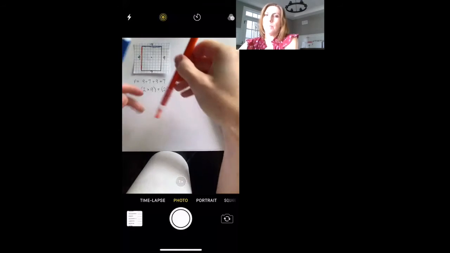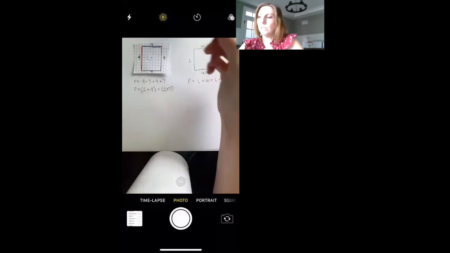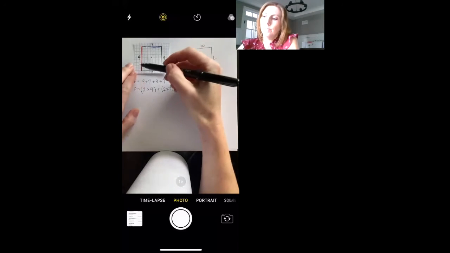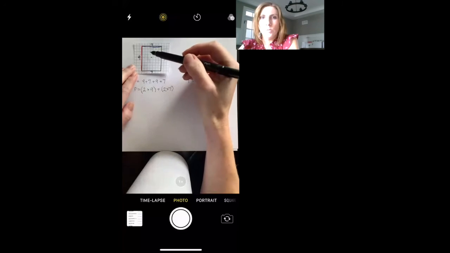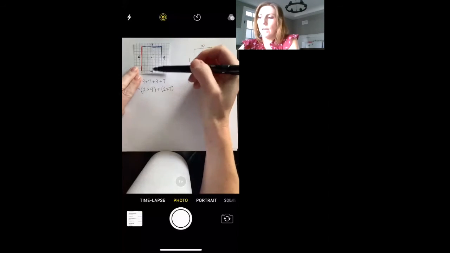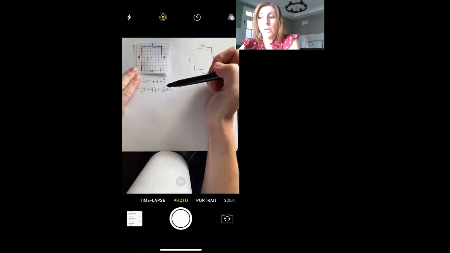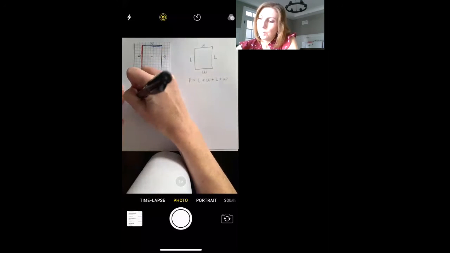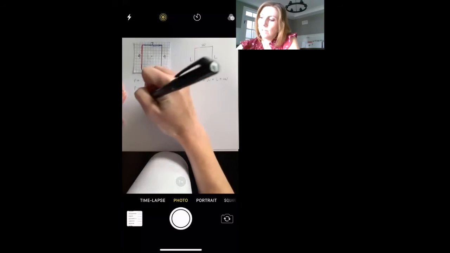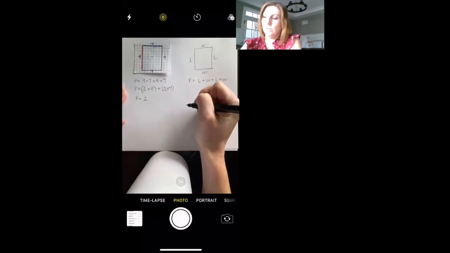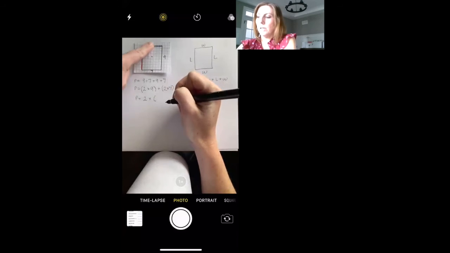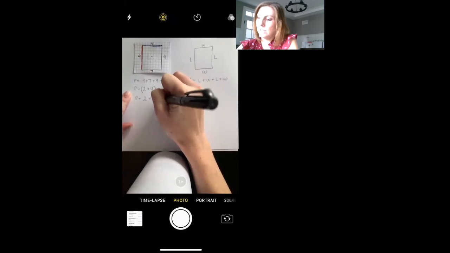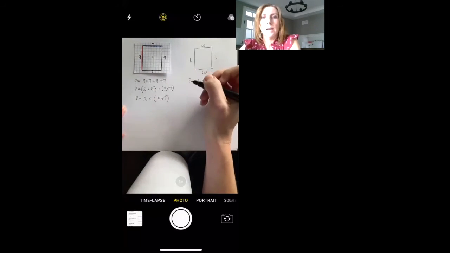If I were to think about my 9 and my 7 together, so in this case that's 16, don't I have 2 groups of that too? I have 2 lengths and widths together. So I have a length and a width, and I have a length and a width. I could group those too. And so I can also think about my perimeter as 2 times my length plus my width. So 9 plus 7 times 2.